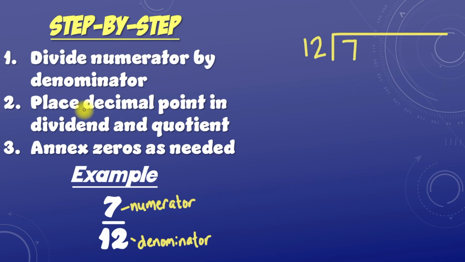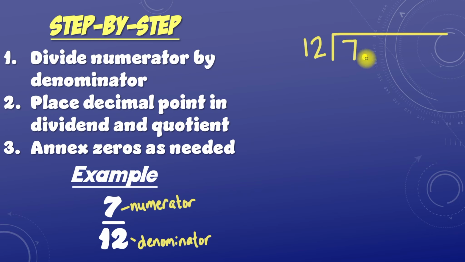We're gonna have to place a decimal point in the dividend and the quotient. The dividend is the value inside the long division notation. So I'll start by placing a decimal point right after this 7. And the quotient is our answer, and it's the value located right above the long division notation.